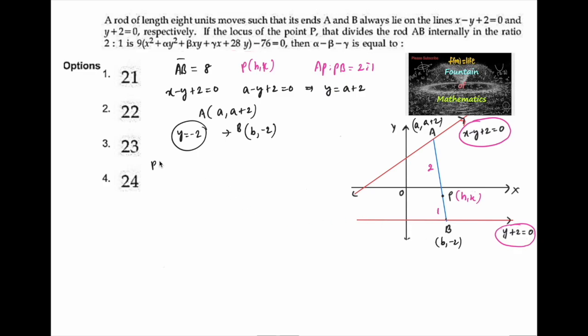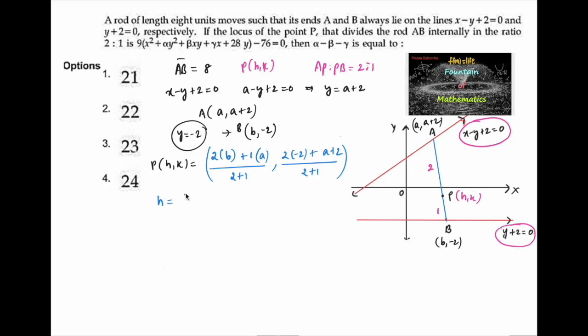So the point P h comma k can be given as 2 times the x coordinate, that is 2 times B, plus 1 times A, divided by 2 plus 1, comma 2 times the y coordinate, that is minus 2, and 1 times the y coordinate of A, that is A plus 2, divided by 2 plus 1.